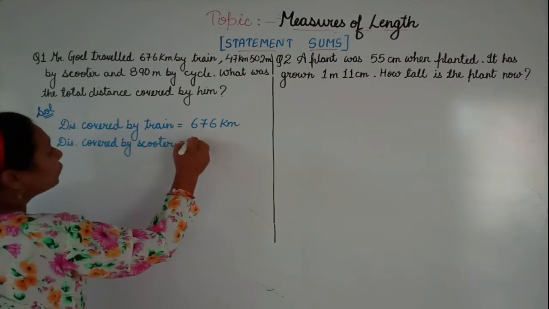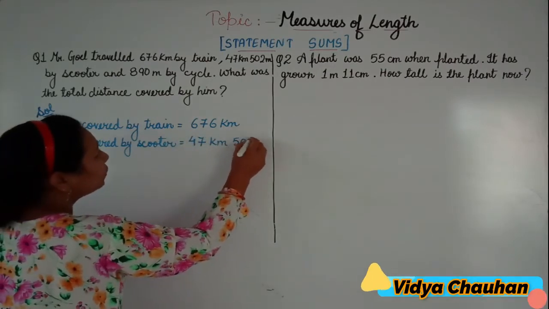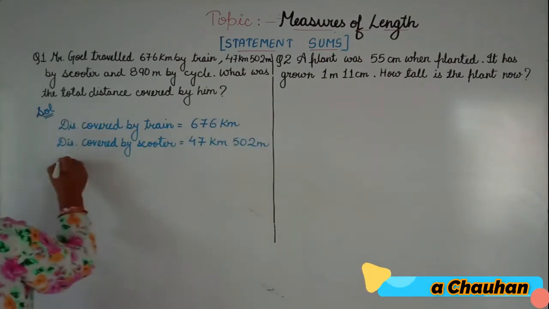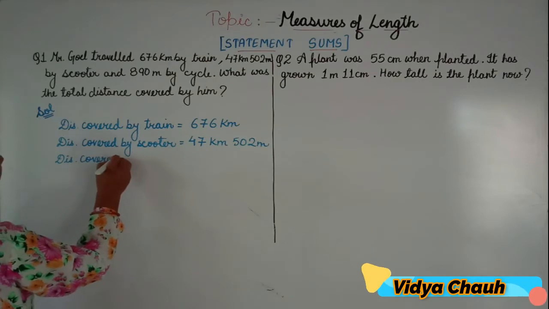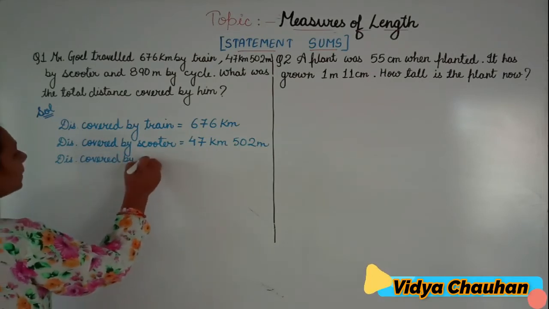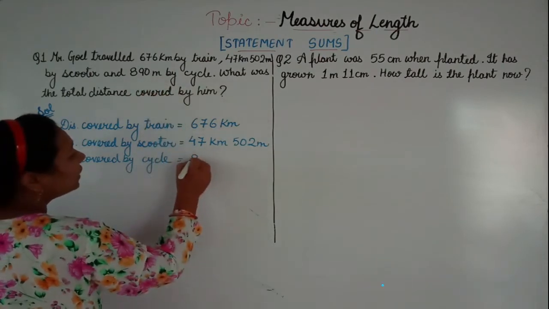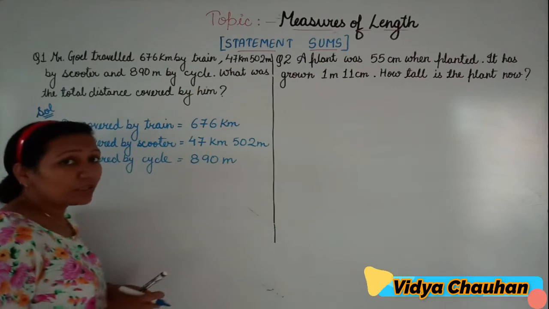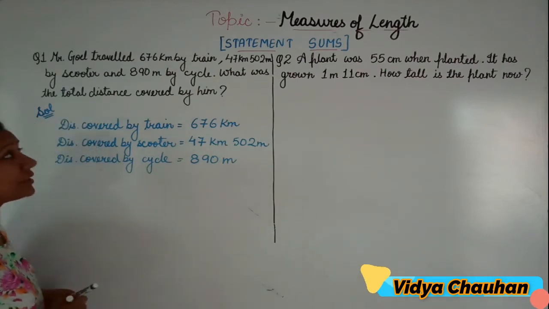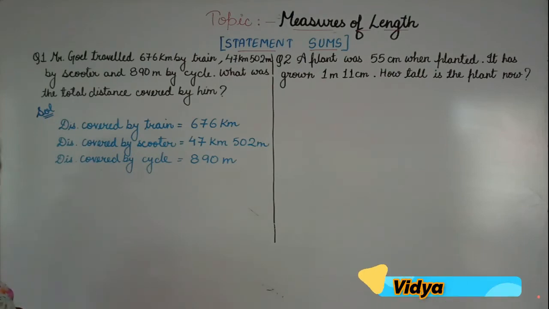He covered 47 km and 502 meters. After that, distance covered by cycle. So how much distance he covered by cycle? 890 meters only, not kilometers, only meters. What we have to find is the total distance covered by him.